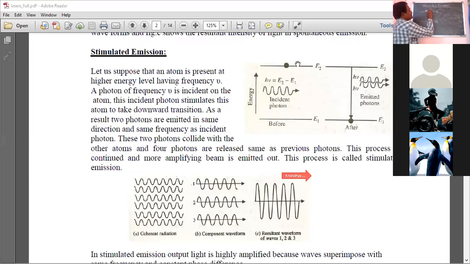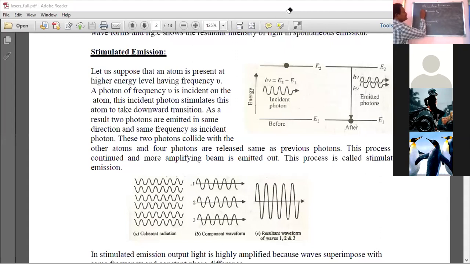Now let me explain what stimulated emission is and what the difference is between spontaneous and stimulated emission. This is the situation before the emission.